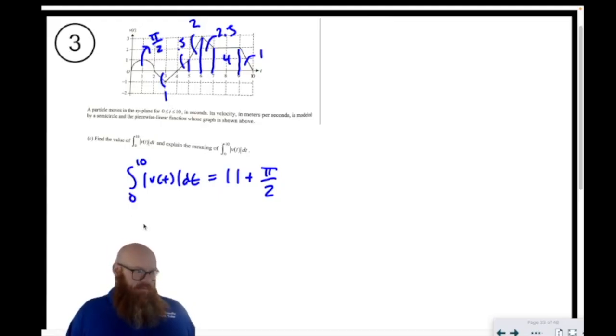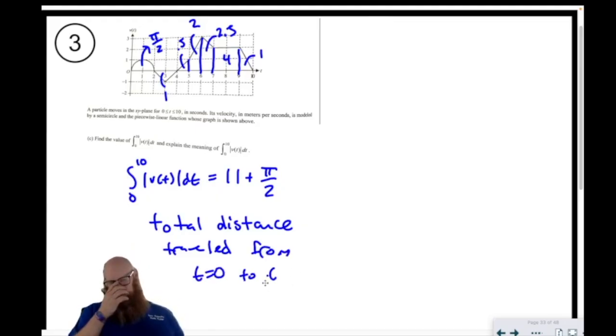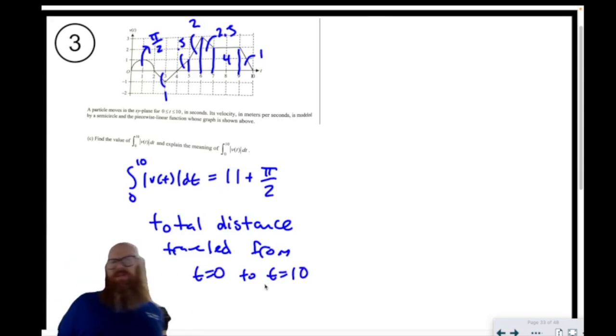And what that represents is the total distance traveled from t equals 0 to t equals 10. So that's the major difference here. The integral of velocity is displacement, and the integral of speed, or the absolute value of velocity, is total distance traveled.